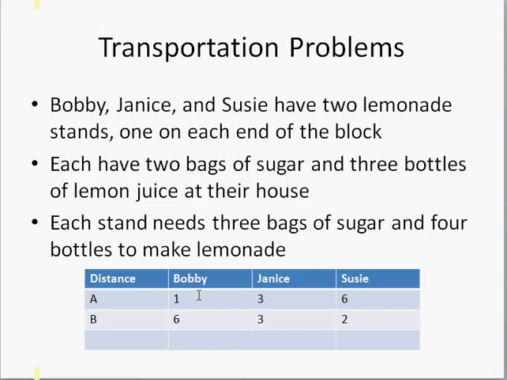So if you look at how it would look, we are going to have 1 times sugar Bobby A, and 1 times lemon Bobby A, and 6 times sugar Bobby B, and 6 times lemon Bobby B, and so on.